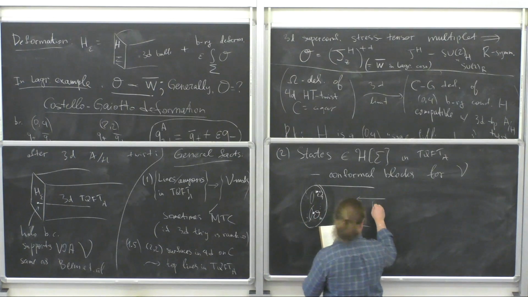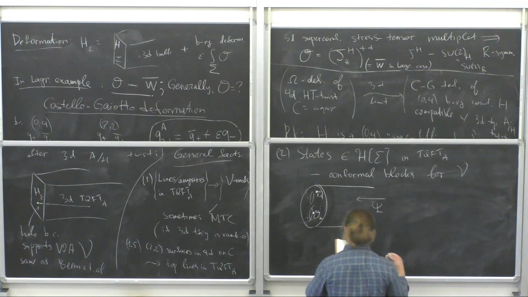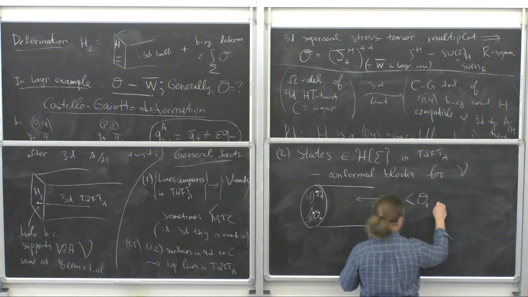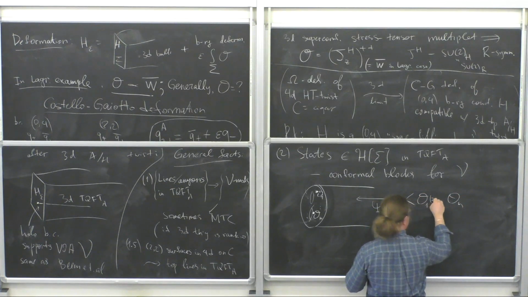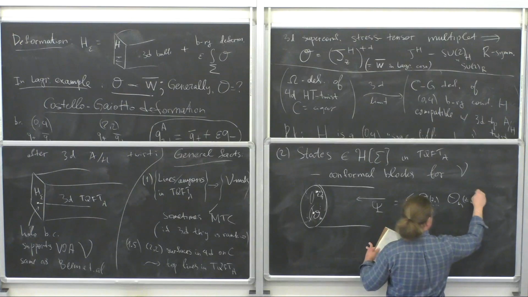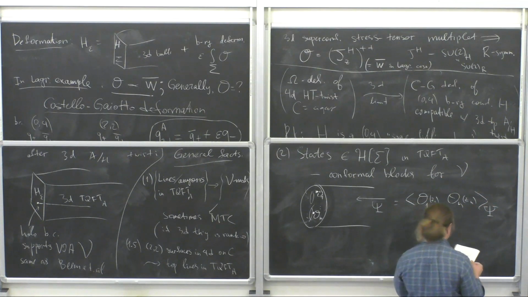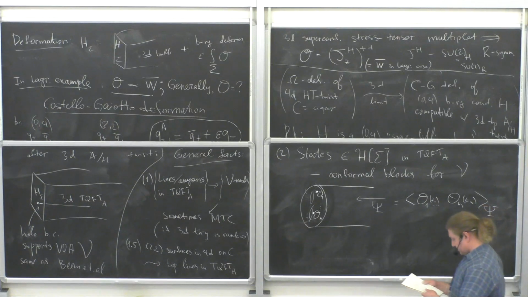There's some state incoming here, and this configuration computes boundary correlation functions. You can call it the in-state psi, which is precisely what gives you a conformal block.